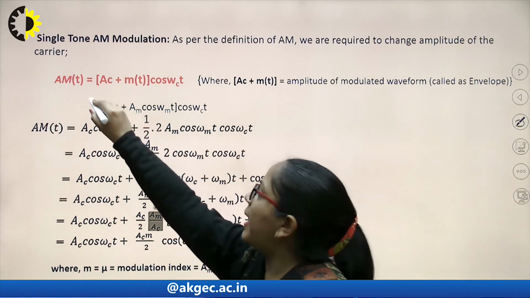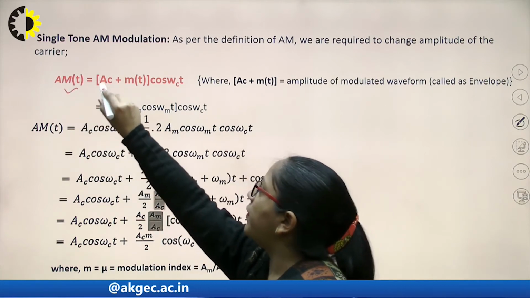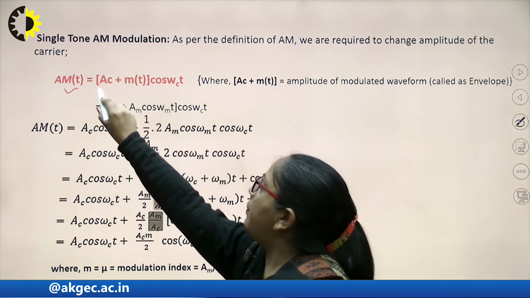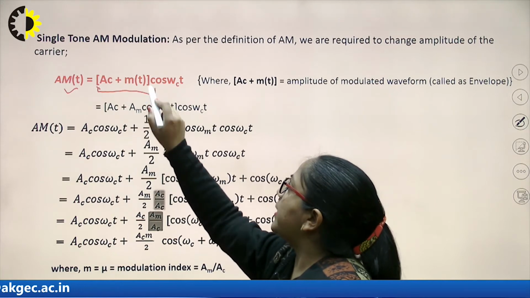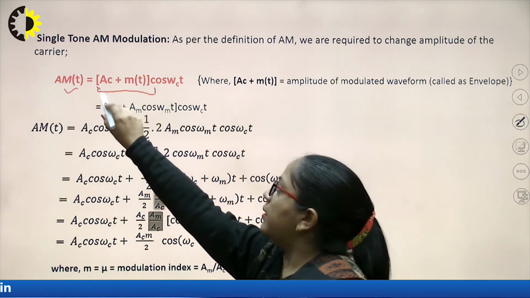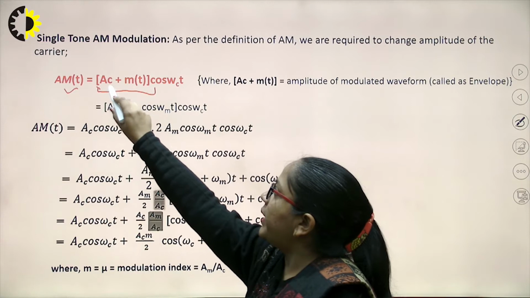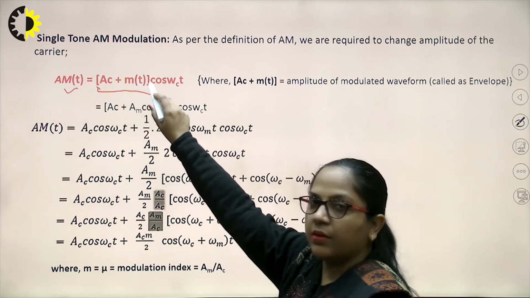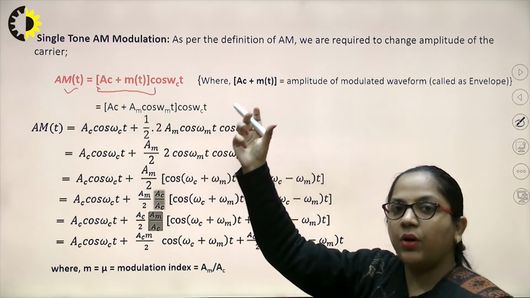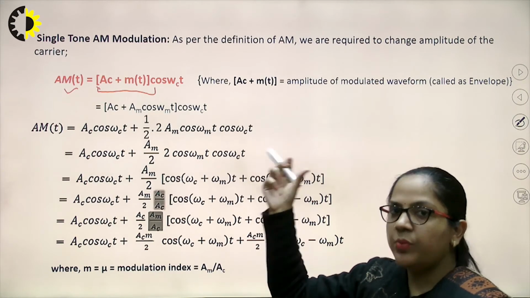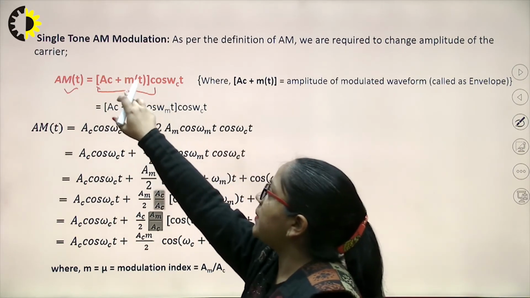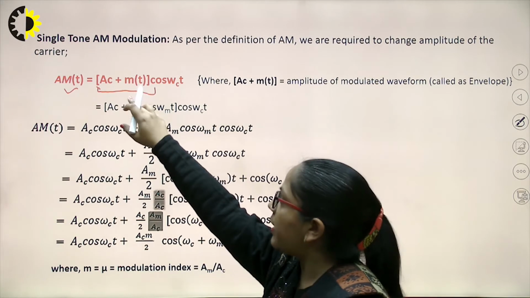So here in the amplitude modulated waveform, the amplitude of the carrier, after modulation, will become Ac + m(t), multiplied by cos ωc t, where m(t) is the message signal.